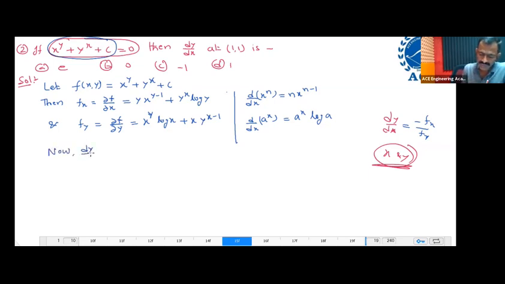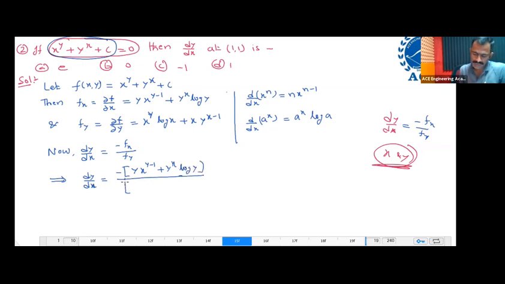Now dy by dx equal to minus fx by fy, which implies dy by dx equal to minus fx is y into x power y minus 1 plus y power x into log y, divided by x power y into log x plus x into y power x minus 1.